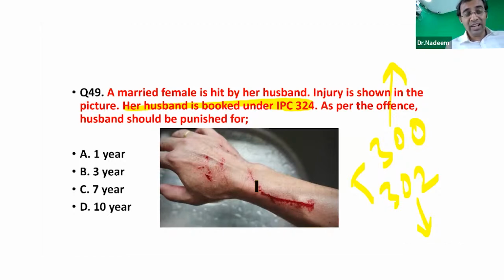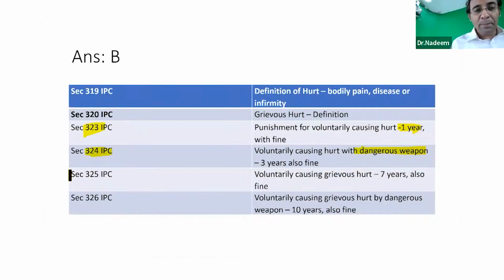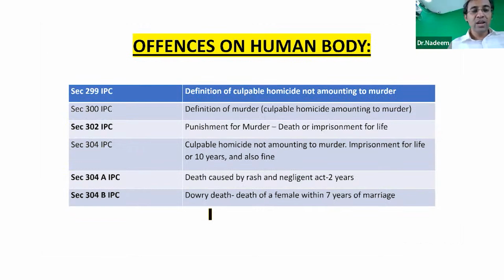How many years in jail? Up to 3 years. Answer will be B. Next, IPC number 325 and 326. 325: voluntarily causing grievous hurt, 7 years. 326: voluntarily causing grievous hurt by a dangerous weapon, 10 years in jail. Please remember all these points, very important.